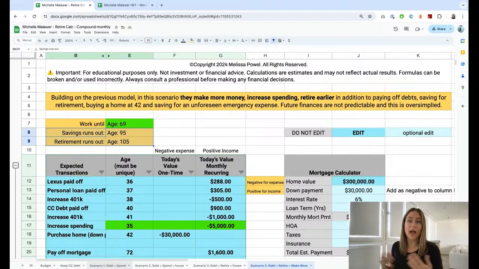Instead of saying, oh, well, I have an extra $300 a month, now I get to buy extra food or extra spa packages or upgrade my car or whatever it is. If you postpone that enjoyment and leverage those debt payments for your future self, you can really impact your quality of life as you age.